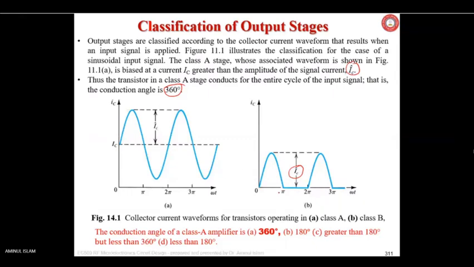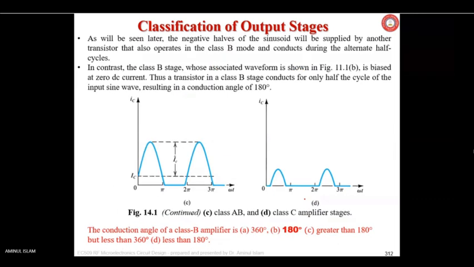Class A amplifier conducts for the complete cycle, unlike class B. Class B, see how much it is conducting. Collector current waveforms for a transistor in class A and in class B. As will be seen later, the negative halves of the sinusoid will be supplied by another transistor. We'll be discussing that in future.